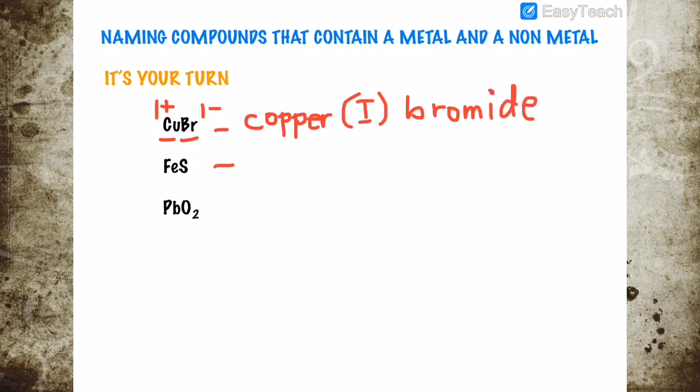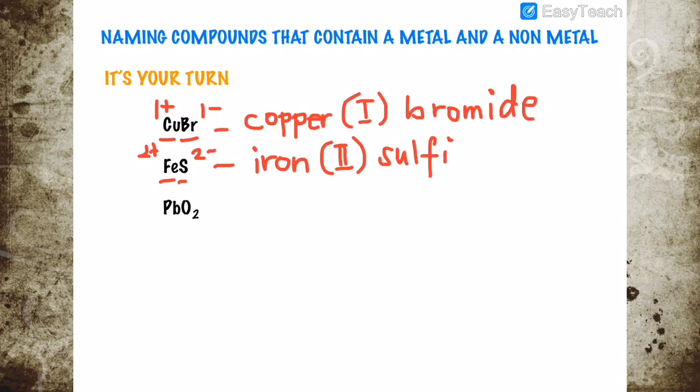The second example, we check S, sulfur, which is 2 negative. Therefore, Fe is 2 positive. Therefore, when we name FeS, it will be iron, parenthesis, Roman numeral 2, sulfide. And then the last example, we check oxygen.